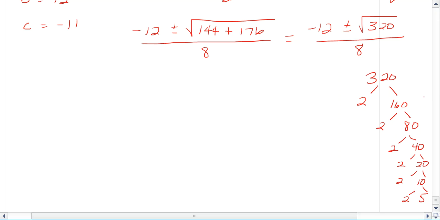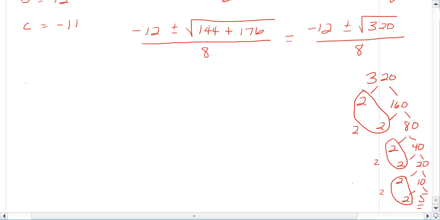Now remember, we're doing square roots. Pairs are squares, so we actually do have many, many squares here. We have a pair of 2's here, a pair of 2's here, and another pair of 2's. So the square root of each of these is 2, because the square root of 4 is 2. So I have 2 times 2 times 2, which is 8, and then this 5 is left over.